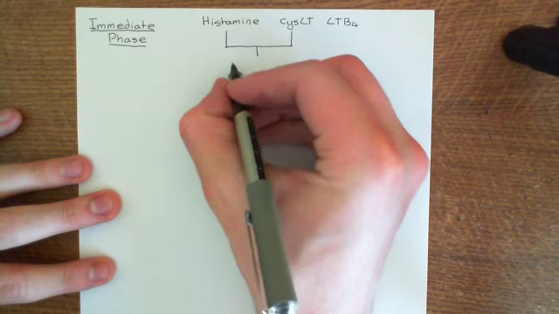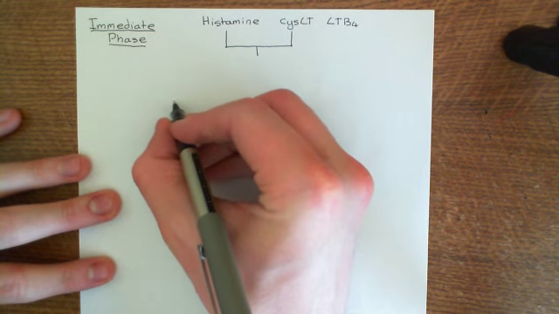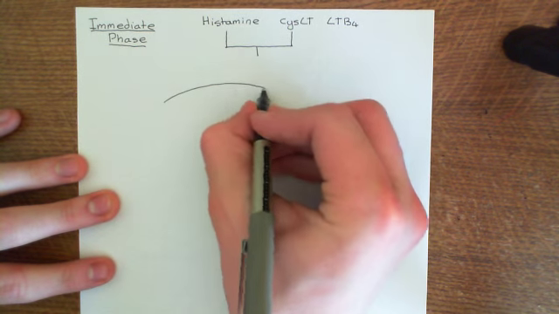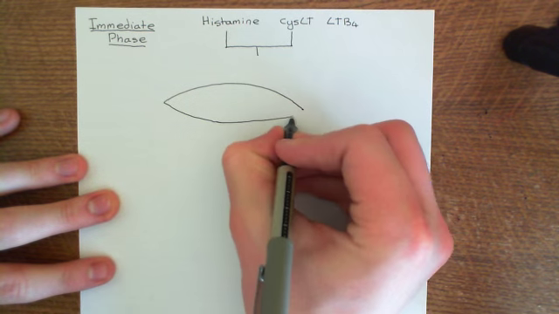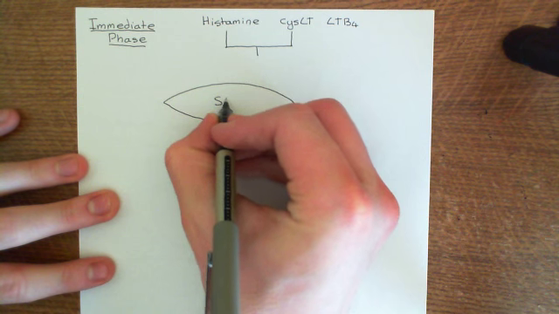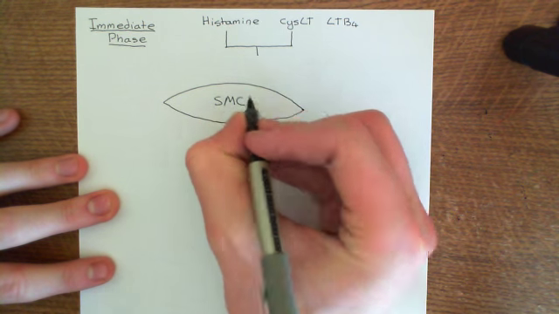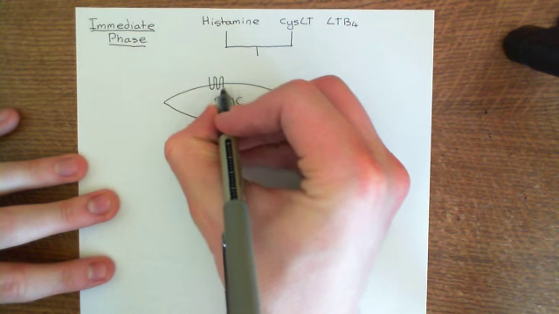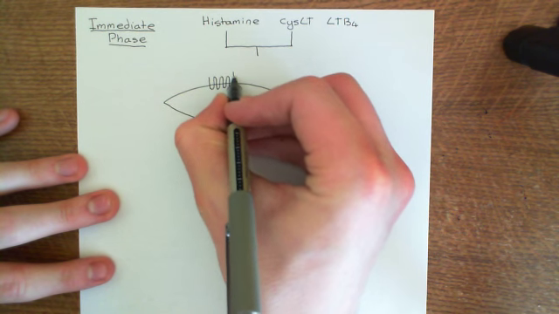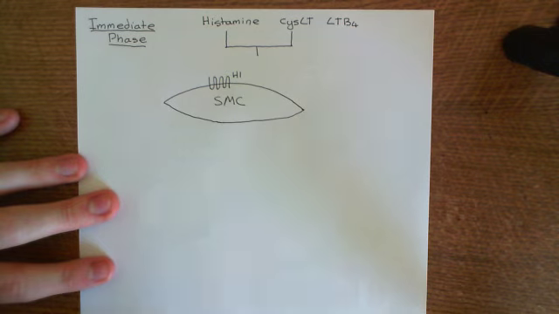So histamine is going to act on H1 receptors on the surface of the smooth muscle cell. So let's say this is a smooth muscle cell here, and smooth muscle cells are often abbreviated to SMCs. Okay, so smooth muscle cells have H1 receptors on their surface. So here is a histamine 1 receptor.